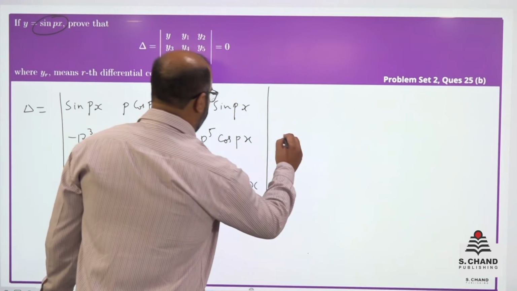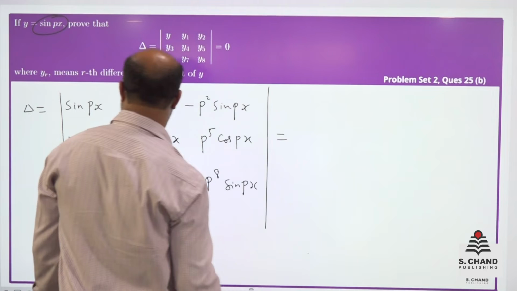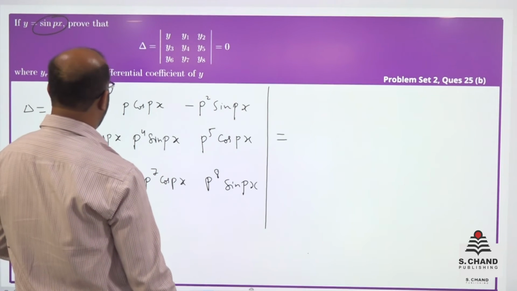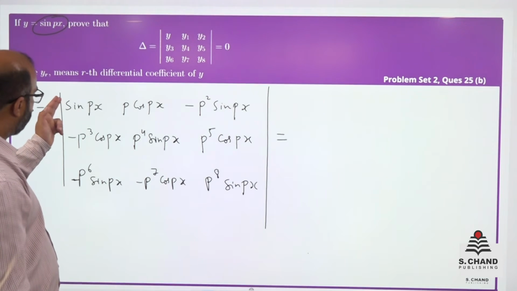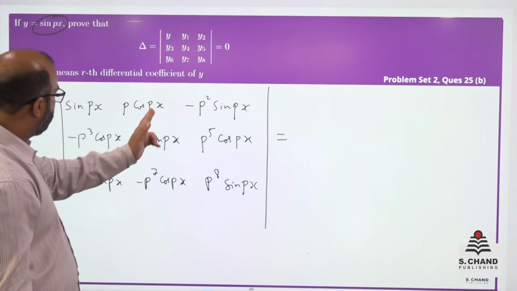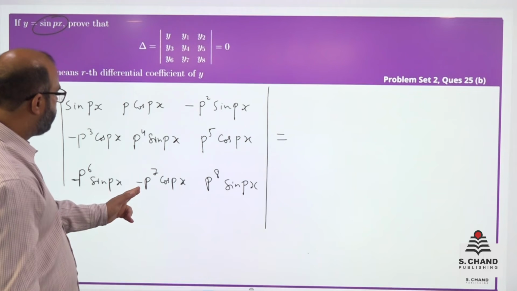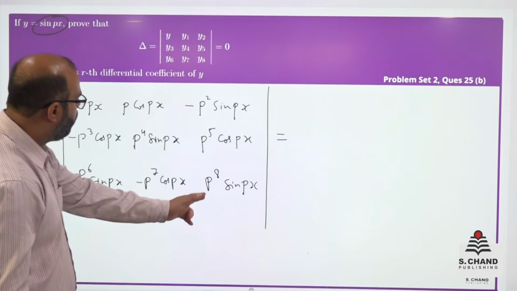So you write it equal to, what can you take common? From the second column p is coming out, and from the third column p square is coming out.